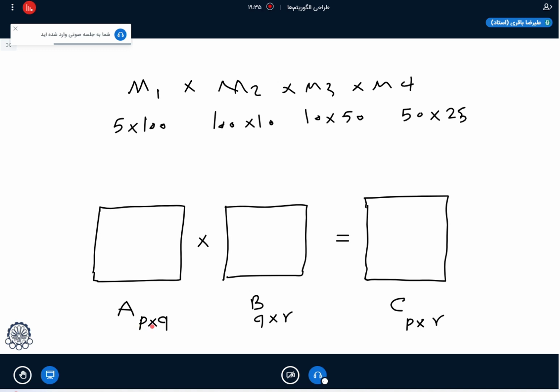When we multiply a matrix with dimension PQ by a matrix with dimension QR, the middle dimension is removed and the result has the first dimension as its number of rows, and the number of columns is the last dimension, I mean R. So if we multiply A, which has PQ dimension, by matrix B, which has Q and R dimension, the result is a matrix C, which has P and R dimension.